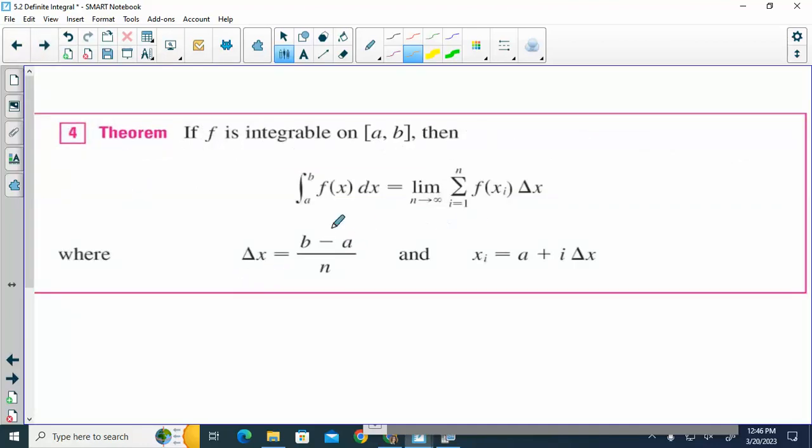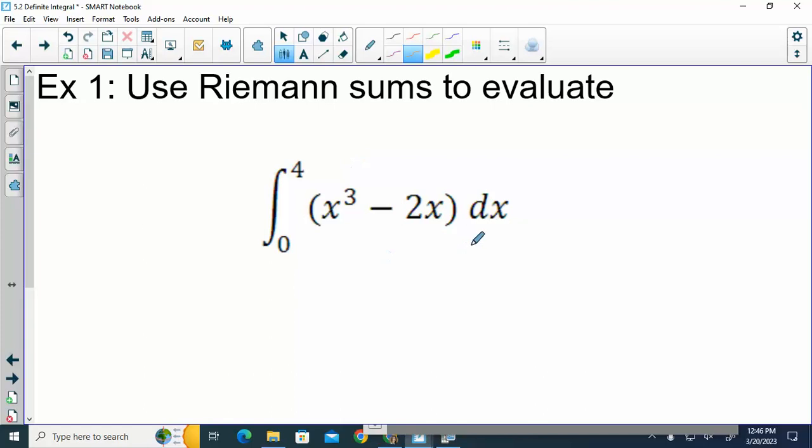And when we're setting it up, it's just taking the place of that calculation we've already been doing. We know the change in x was your ending minus your beginning divided by n. Your x sub i was your starting point plus the change in x times i. That's what we were doing on all of those problems. So I want to use what we know to find this integral.